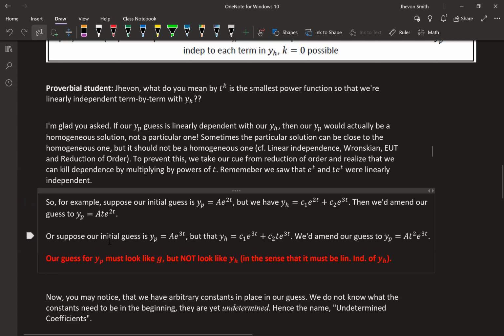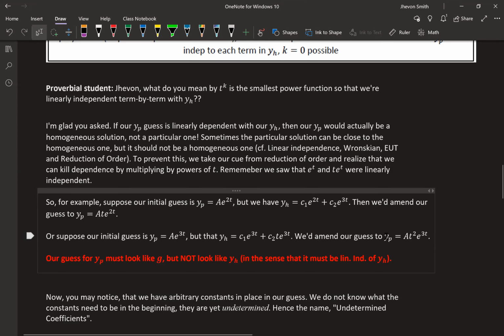Here's another example. Suppose the initial guess was a e to the 3t, and you realize that your homogeneous solution came from a repeated root scenario where it looks like c1 e to the 3t plus c2 t e to the 3t. So now what I would do is multiply this by t to kill overlaps. It's not going to overlap with the first term, but then I'd realize, oh wait, now it overlaps with the second term. So I'd have to multiply by t again.